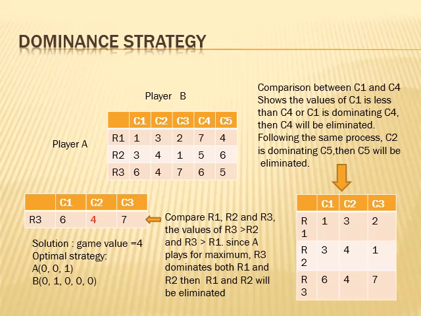The matrix consists of 3 columns and 3 rows. Now let's try to apply the rules for rows. Compare row 1, row 2 and row 3.